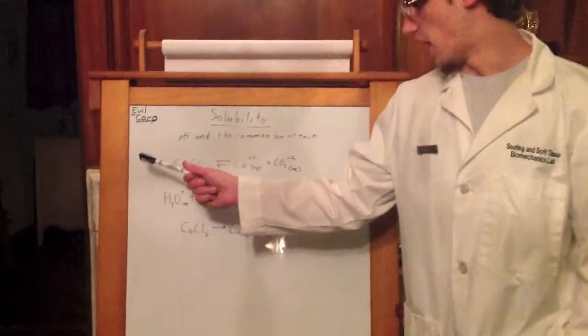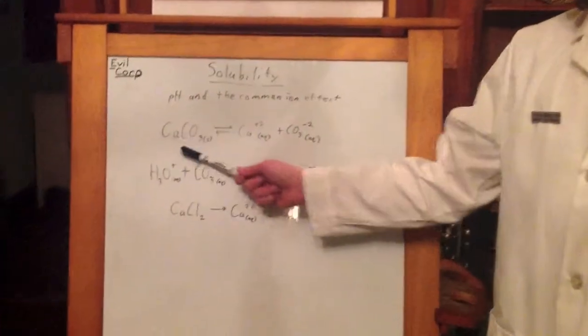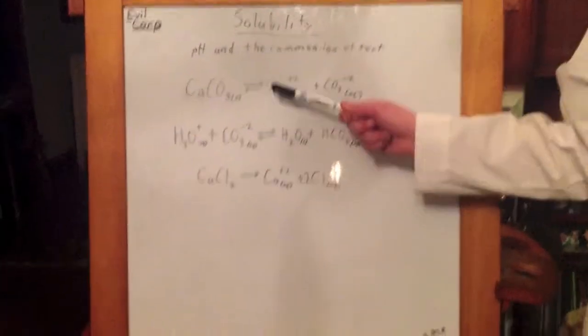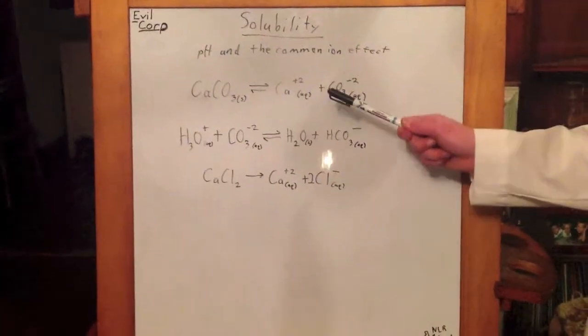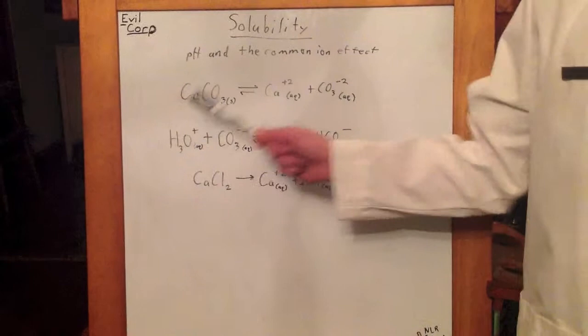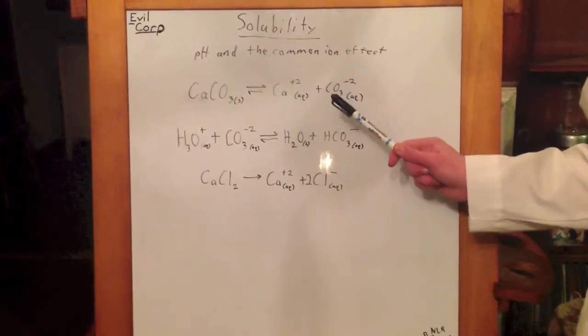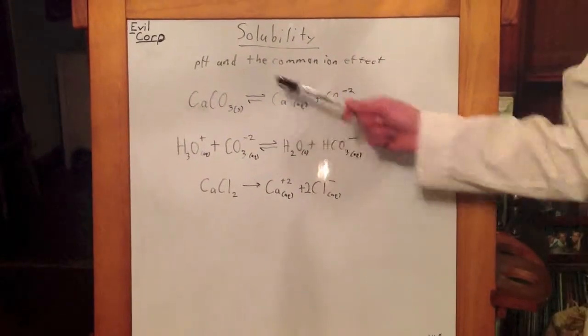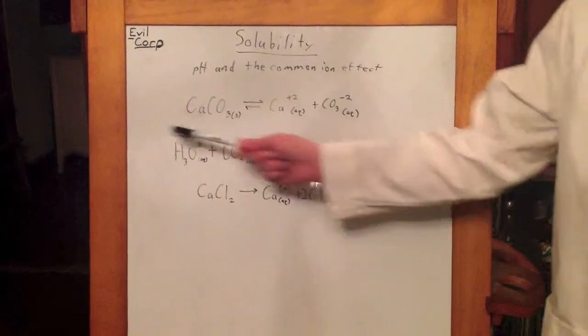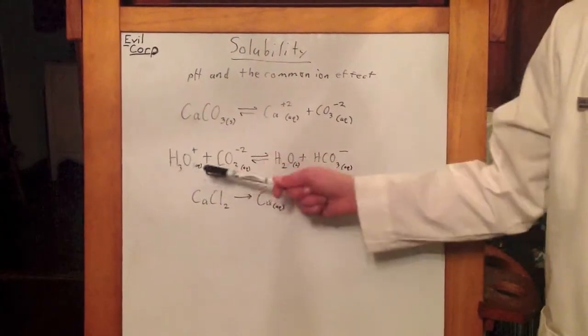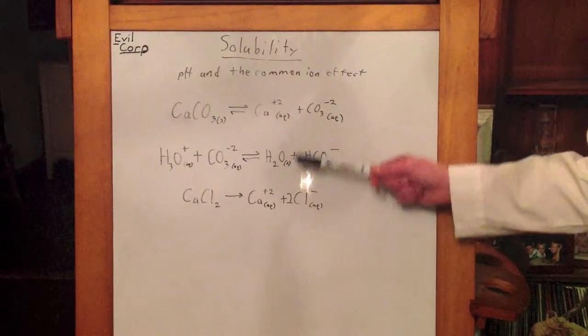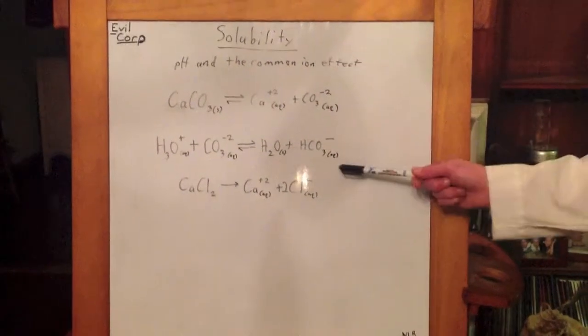For this example, I'm using calcium carbonate, which dissociates into calcium and carbonate ions. Carbonate can act as a weak base, combining with hydronium ions to form water and the bicarbonate ion.